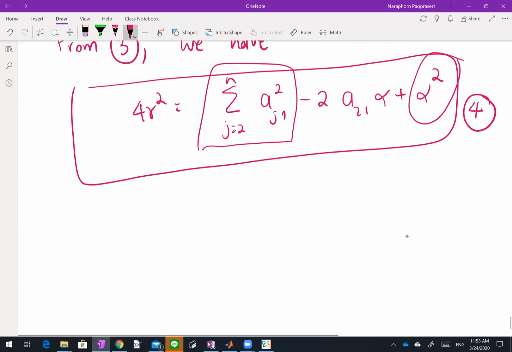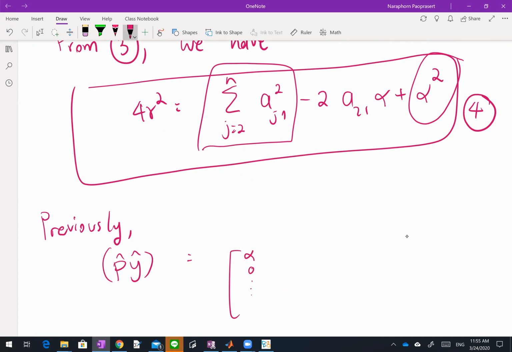Okay, so previously, again, you know that p hat y hat equals alpha, 0, 0, 0, 0, 0.